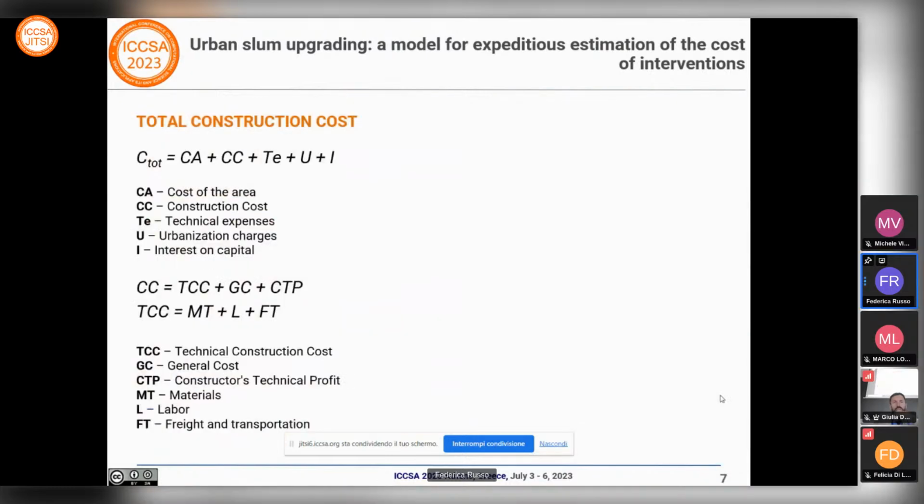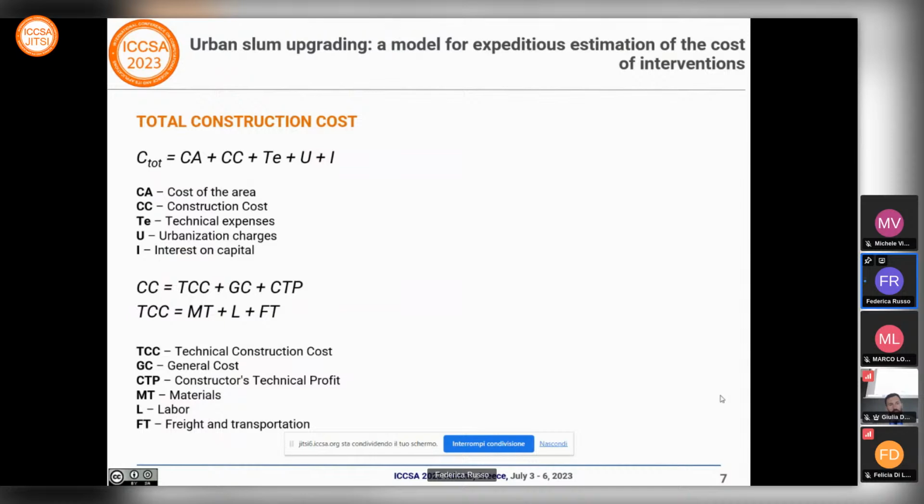In light of the proposed intervention scenarios, a model for expeditious estimation of construction cost was characterized with the aim of quantifying the economic resources required to improve the physical conditions of informal settlements.